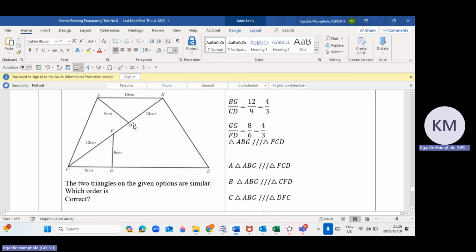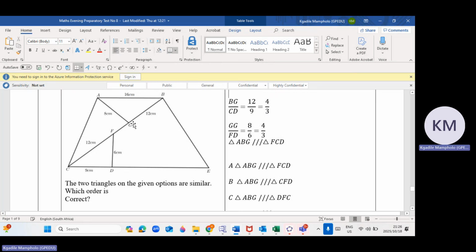Now, let's check the other ones that we divided. Again, we divided AG by FD. AG is opposite to B, then FD is opposite to C. That is why B equals C. Then the last ones we divided were AB by CF.